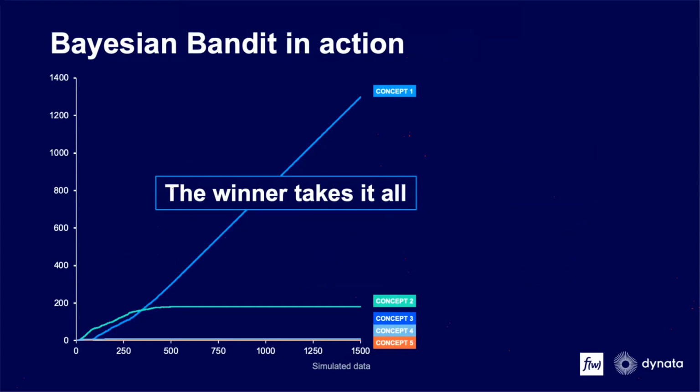So what we see here is simulated results for this existing Bayesian Bandit algorithm and our market research use case. And the simulation shows that the Bayesian Bandit works. The winner concept is identified by the algorithm and more sample is allocated to the winner concept. But what we also see here is that the algorithm is kind of greedy and that it learns too quickly.